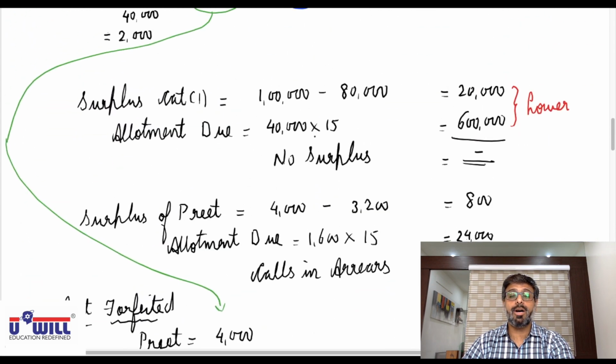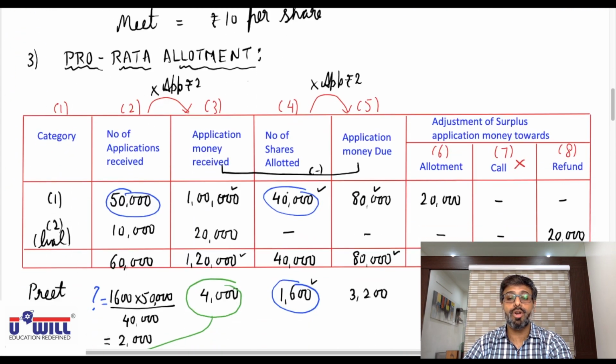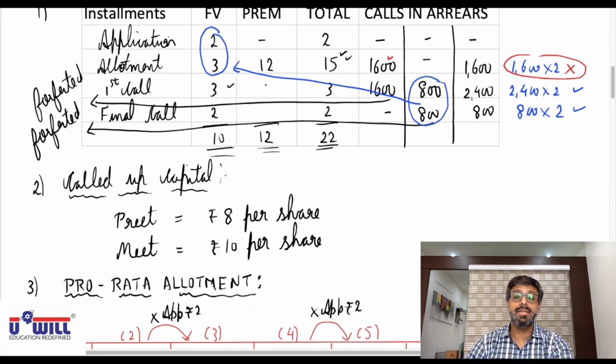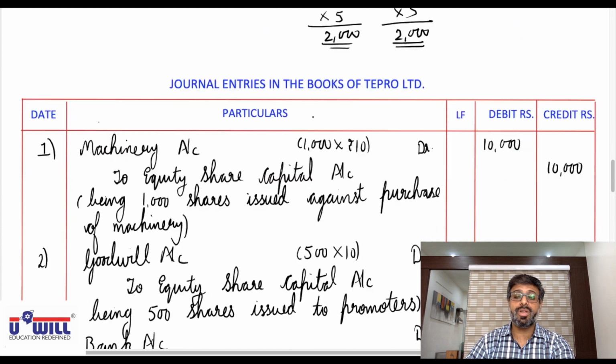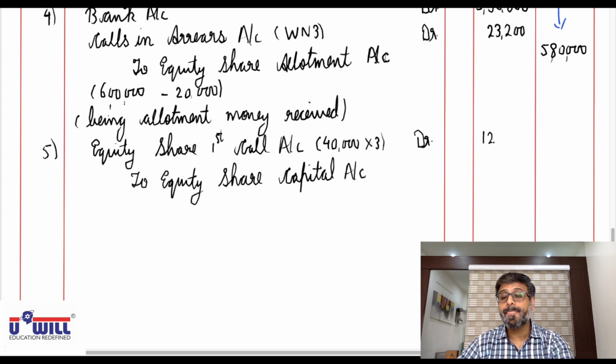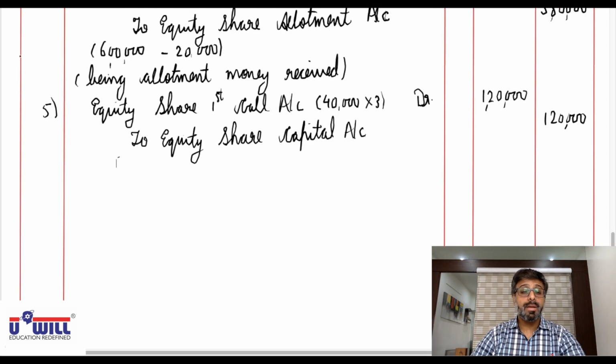Now 40,000 shares are allotted, overall, and first call money is 3 rupees. So 40,000 into 3, 1,20,000. Being first call money due.